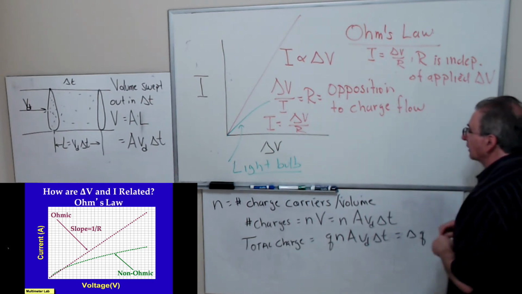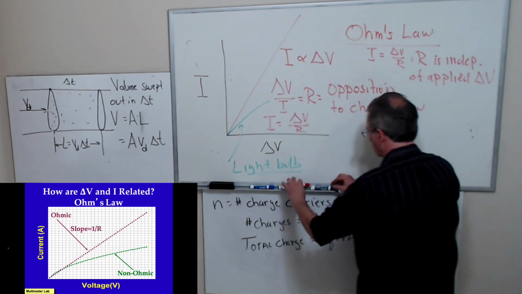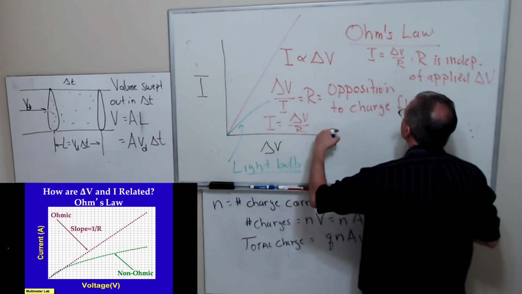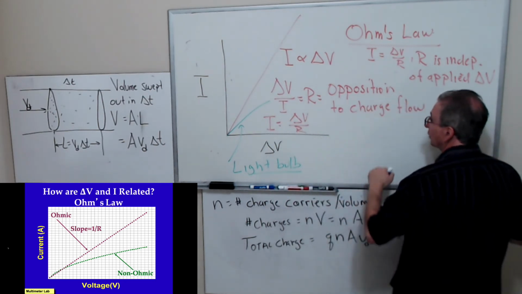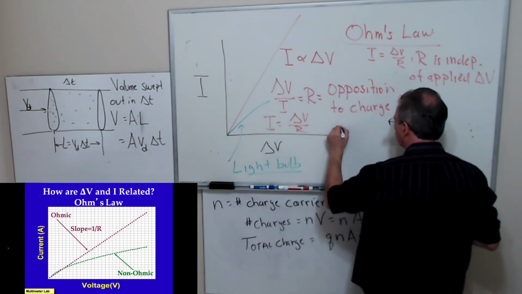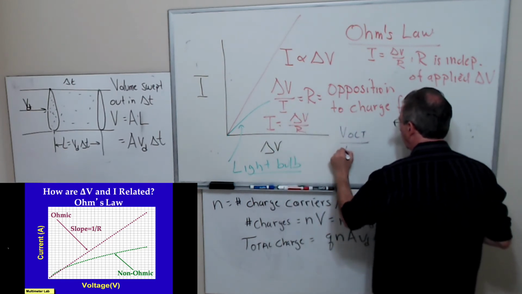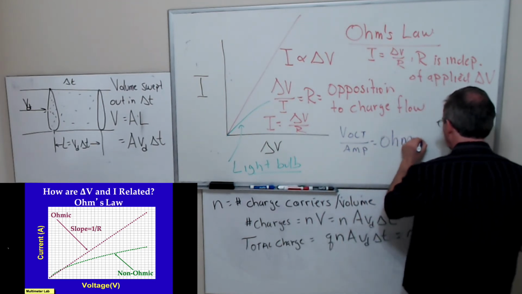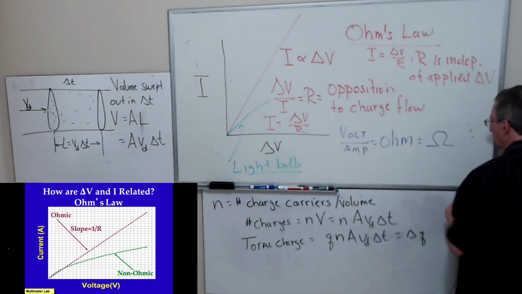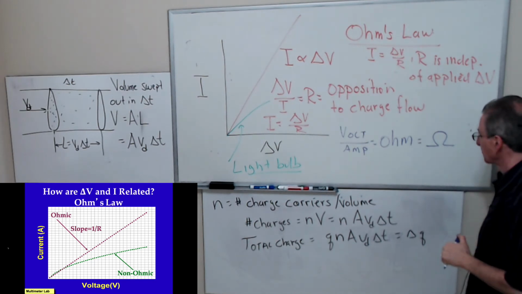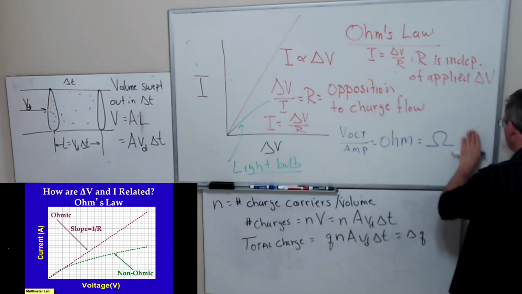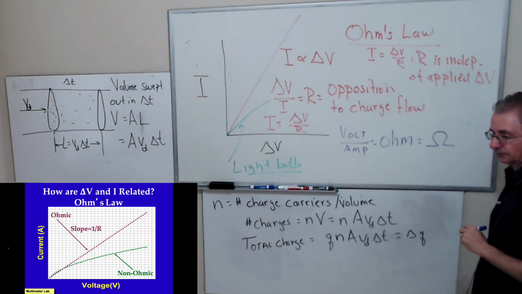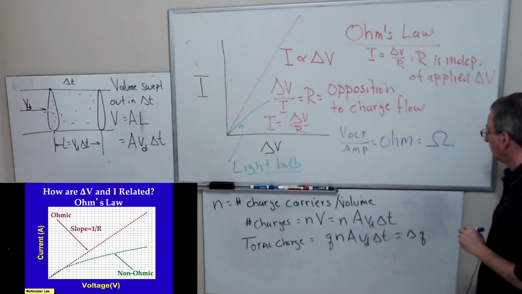So, now let's talk about the units. Delta V over I is a volt per amp. The unit is the ohm, denoted by the Greek letter omega. Okay.